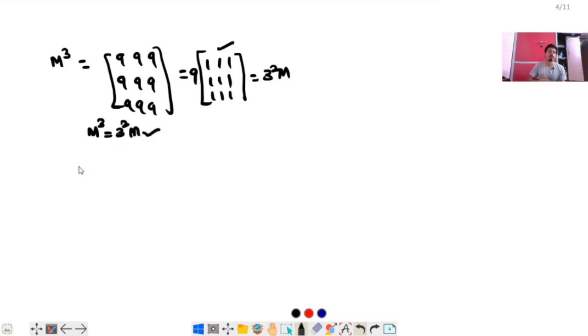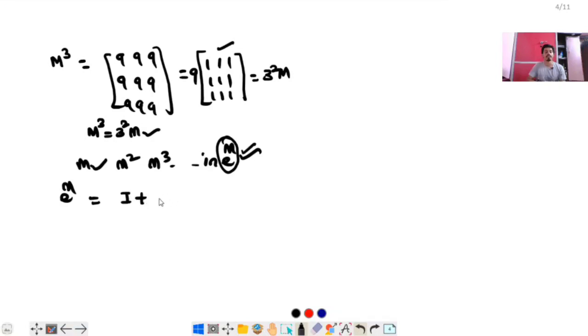Now we will substitute the M square value and M cube value in the exponential of M. e to the M is equal to I plus M by 1 factorial, plus M square, which means 3M by 2 factorial, plus M cube, which means 3 square M by 3 factorial, and so on.